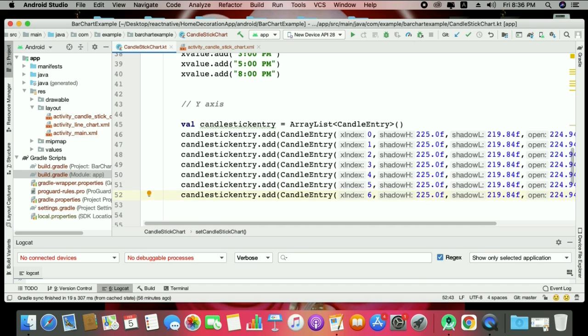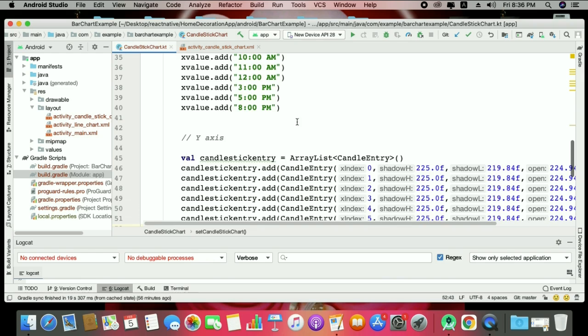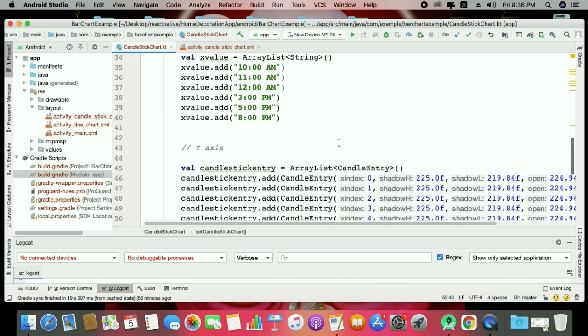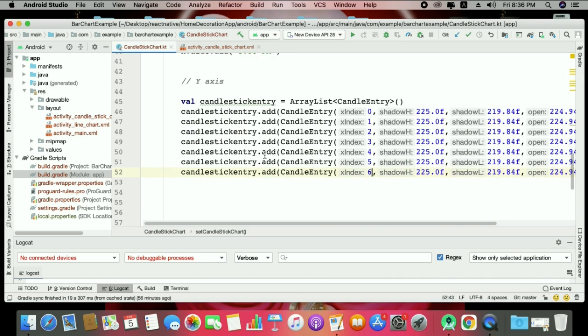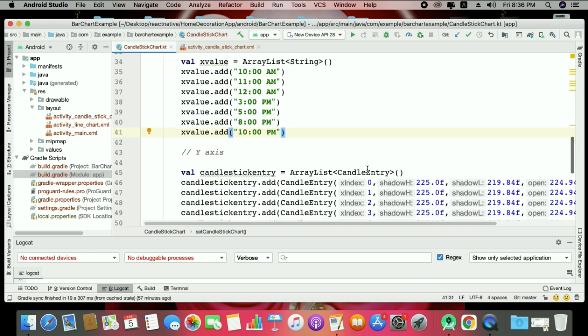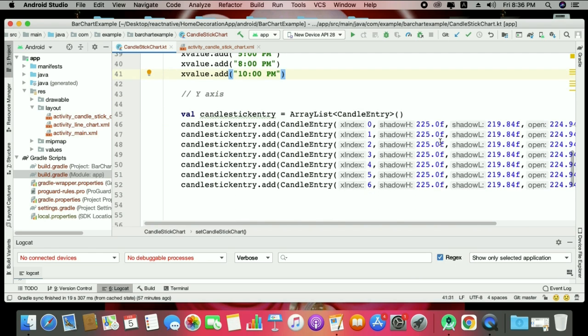That's very easy. Here you can see 1 2 3 4 5 6 lines, and here it is 7 lines, so do one more entry here. So that's your 10 p.m. This is your 0 to 6 indexing.